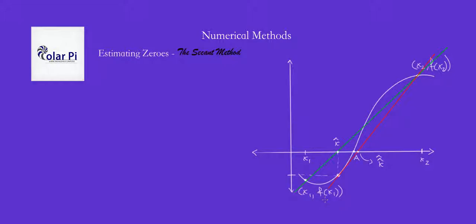And so you could set a requirement. For example, you could require that the value of x hat hat, or however many hats you put on, so however many iterations you use, you can require that your estimate have a y value as close to 0 as you would like.